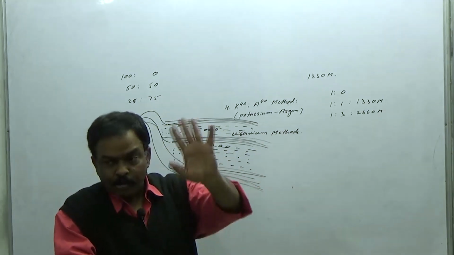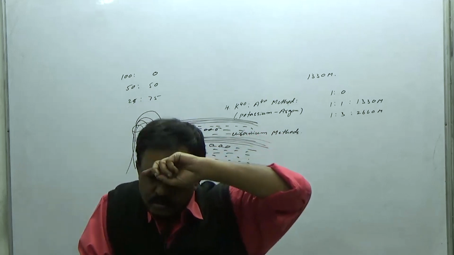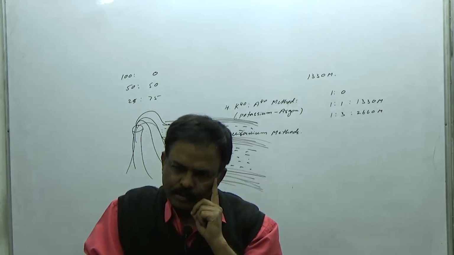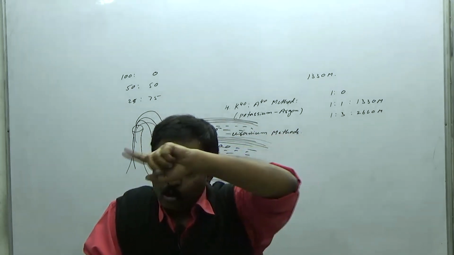Even how the Andaman Nicobar Islands came into existence, they are also volcanic in origin. What about the Lakshadweep? How did they come into existence? Coral in origin.